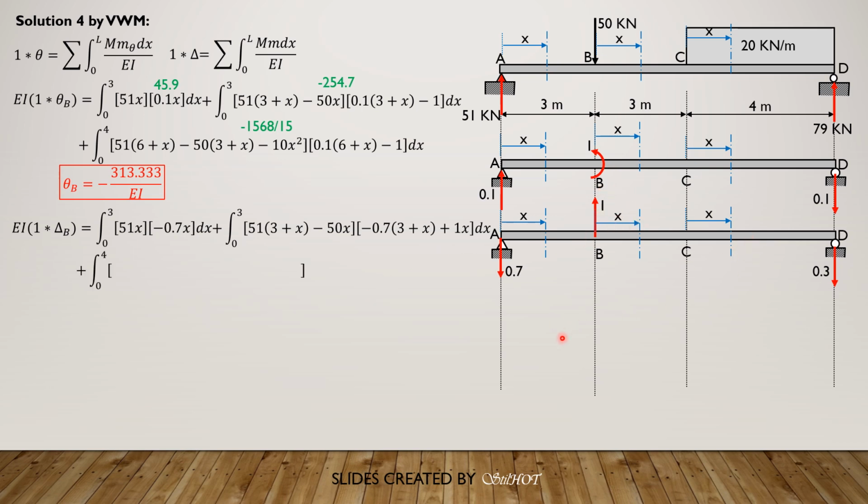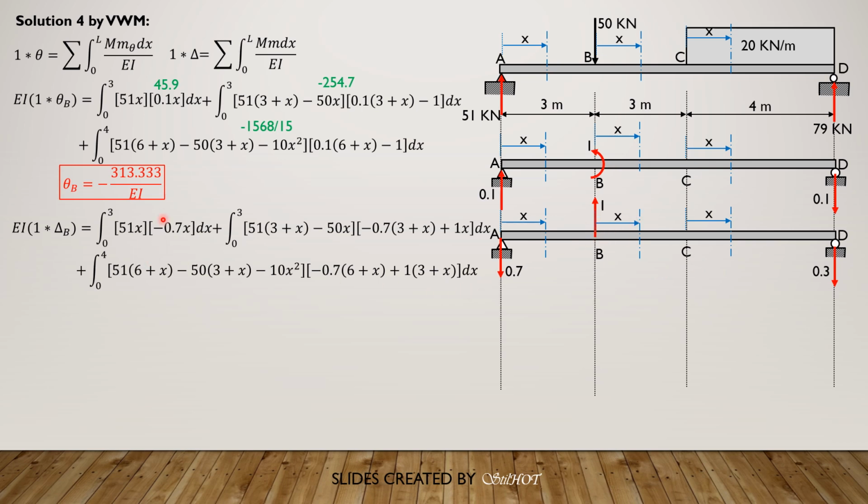Then for the last section, 51 times quantity 6 plus x minus 50 times 3 plus x minus 10x squared, then times the quantity negative 0.7 times 6 plus x minus 1 times quantity 3 plus x, dx.